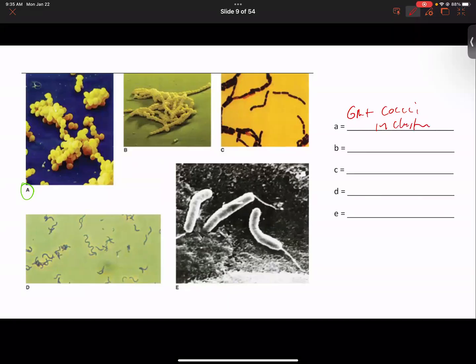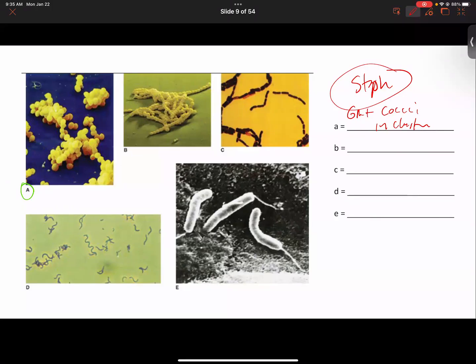And right away, when you hear that, you're automatically thinking what genus? Staph. If I say gram-positive cocci in clusters, that means probably staph, but can you say it's Staph aureus, Staph epidermidis, Staph lugdunensis based on just the description? No, you can't. So you need to do more biochemical tests to figure out the species of staph that you're dealing with.